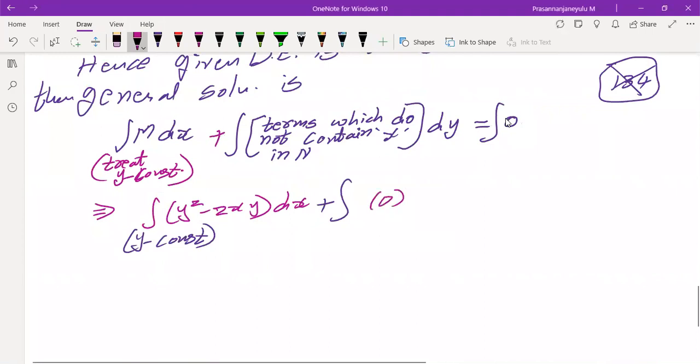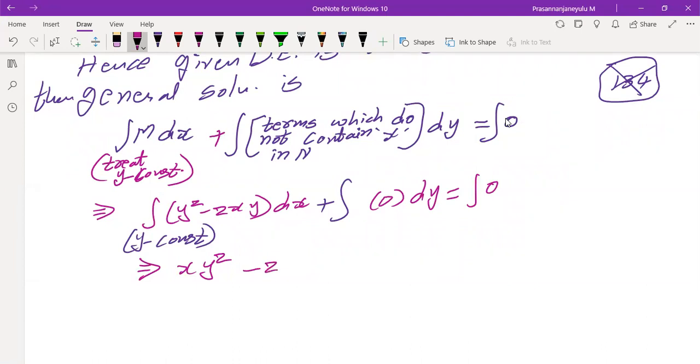0 into dy, equals to integration of 0. That implies, treating y constant, y square is constant. Integration of 1 into dx is x, minus 2y is constant, integration of x is x square by 2. So we are not having an integration for the second term. Here we'll get integration of 0 is equals to c. Integration completed.